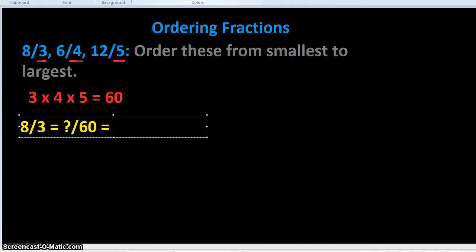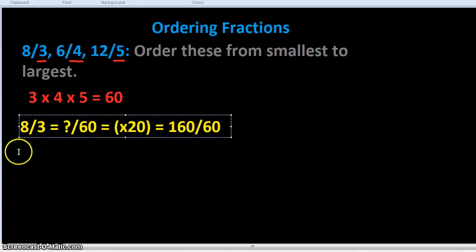So we multiply the top and the bottom by 20, and that will equal 8 times 20, which is 160, over 60. So we have the first fraction, 8/3, in a new form. It's the same number, but it's in a new form. It's 160/60.